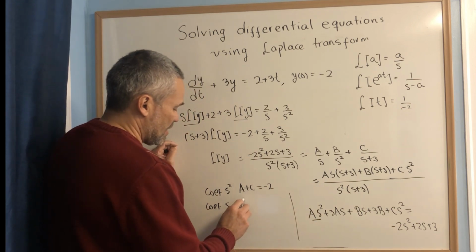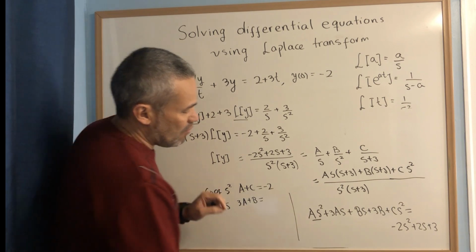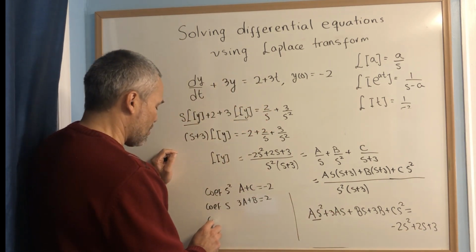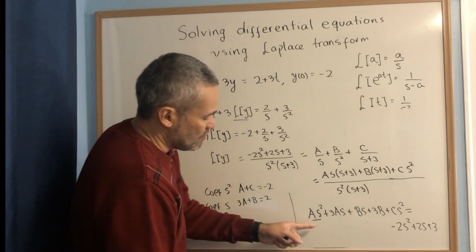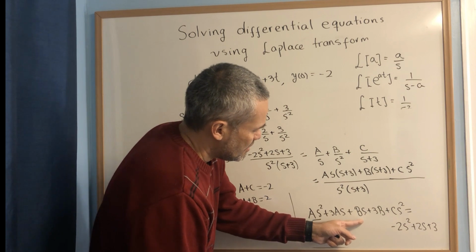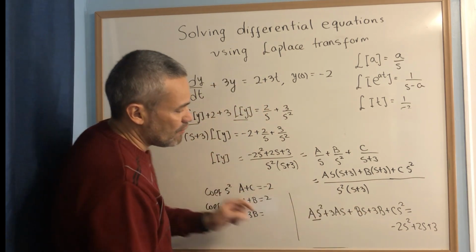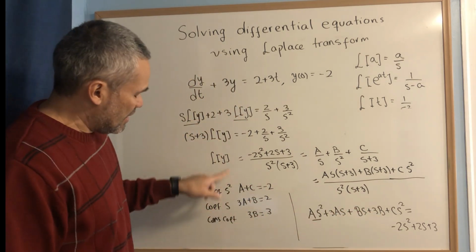It is 3a plus b. And on the right it is 2. The constant coefficient on the left is 3b, and the constant coefficient on the right is 3. Then let's solve the system.